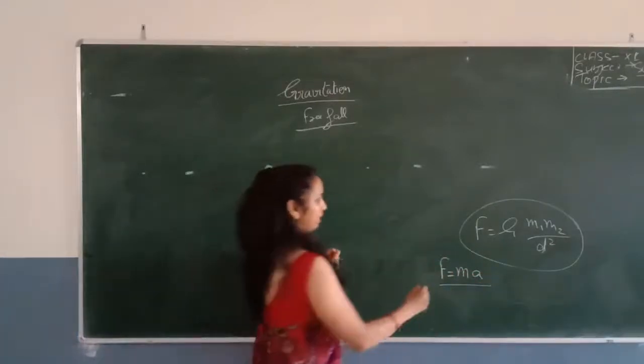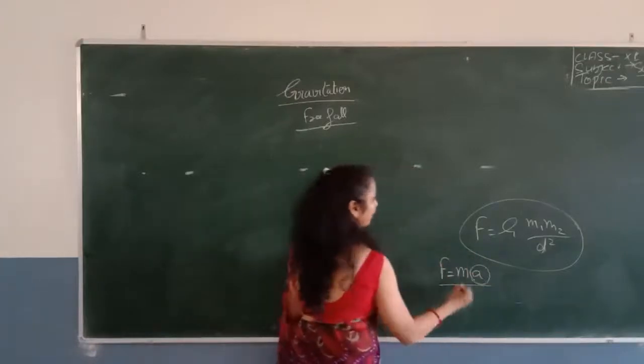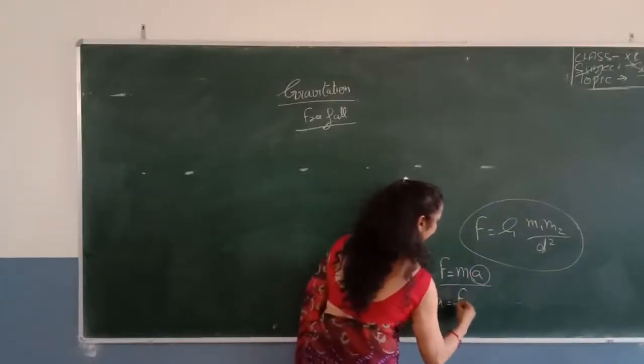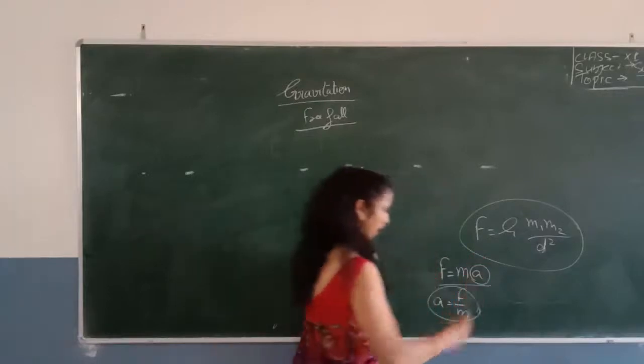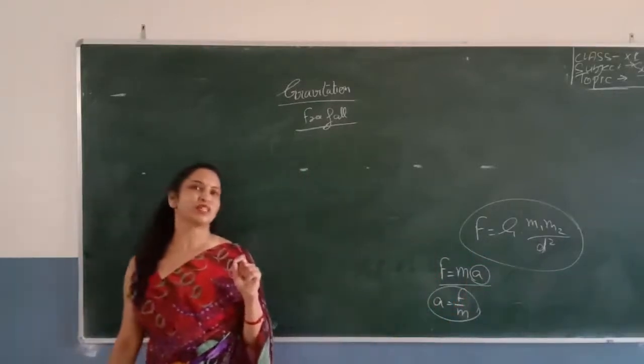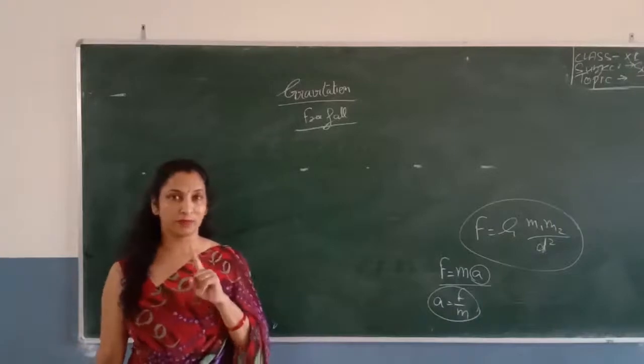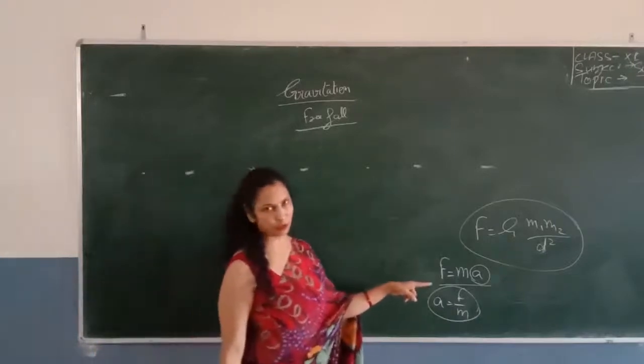So we can also find the acceleration by using the formula a is equal to F upon m. It means the acceleration produced in a body does not depend only on the force, but also on the mass of the body.